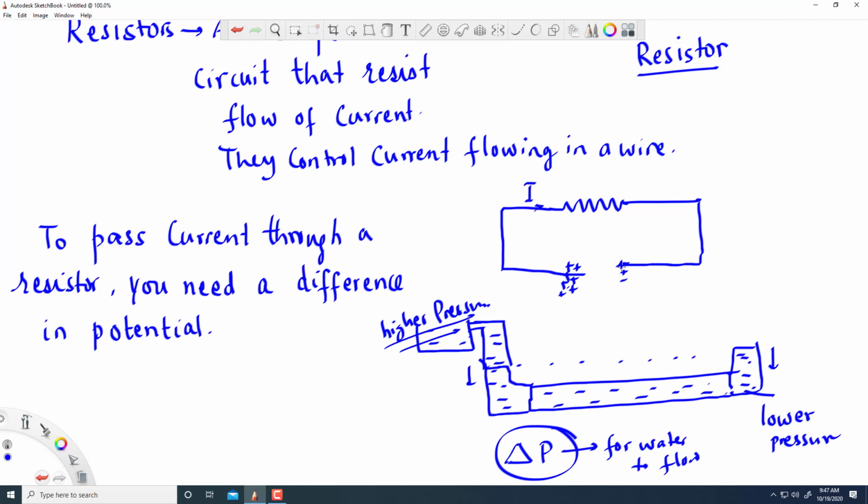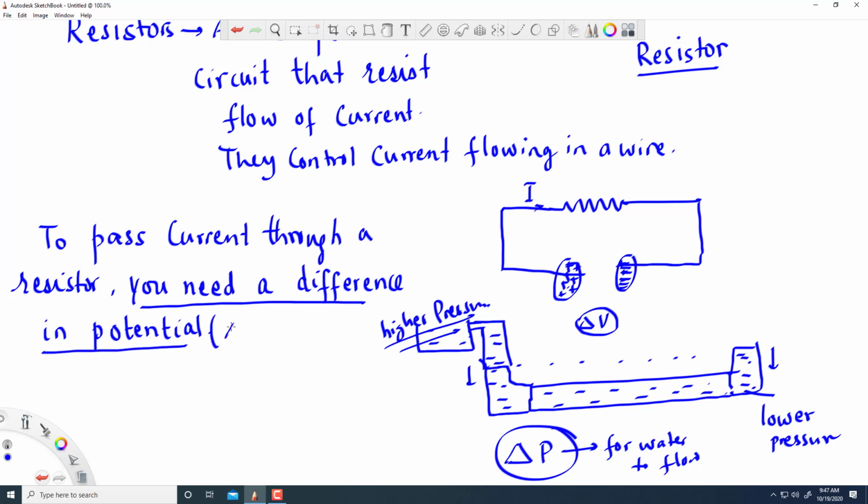So, you want to have negative on this side and positive on this side. So, this will give you potential difference. This is at one potential, this is at another potential, and that potential difference provides the pressure that is needed for current to flow in the wire. Okay, so this is what you need.